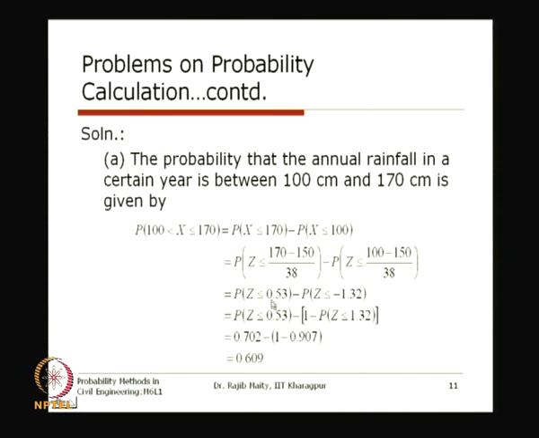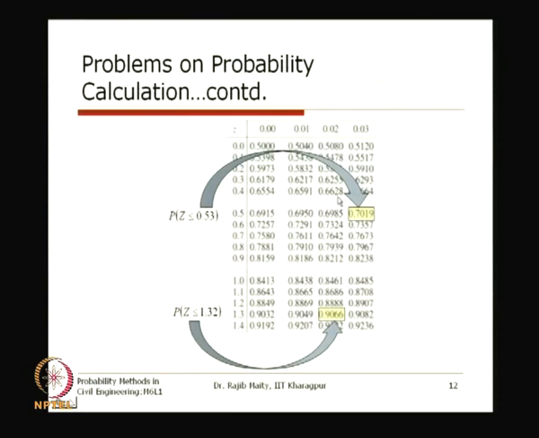Now these values can also be directly obtained from the table that we have shown just now. First we will take 0.53, and then discuss more on minus 1.32, where we are using the symmetrical property. For 0.53, this column is the first decimal of the reduced variate Z, and this row is the second one.